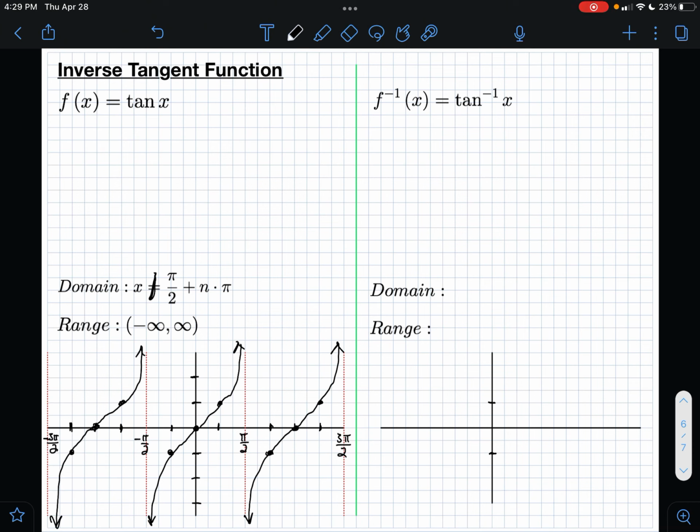The good news is, though, that looking at the graph, tangent is actually way easier to restrict the domain of than sine and cosine. It's actually pretty obvious. You just have to keep only one of these sections because tangent doesn't repeat itself until you get past an asymptote. So as long as we don't go past an asymptote, we're good.